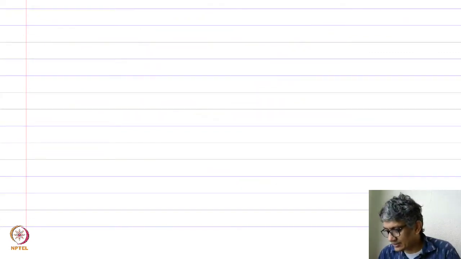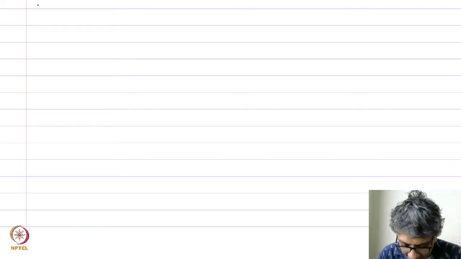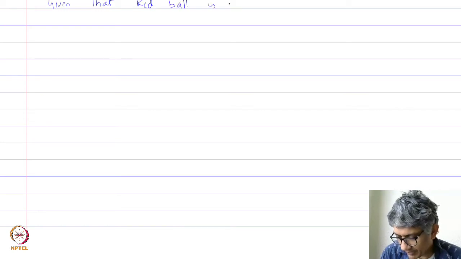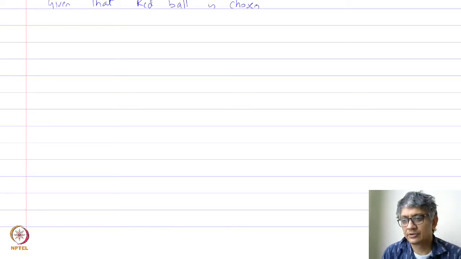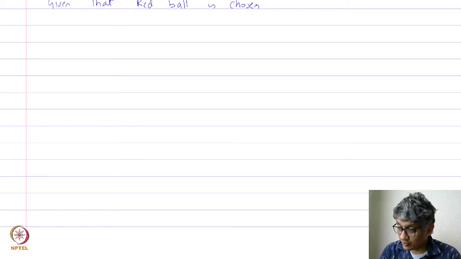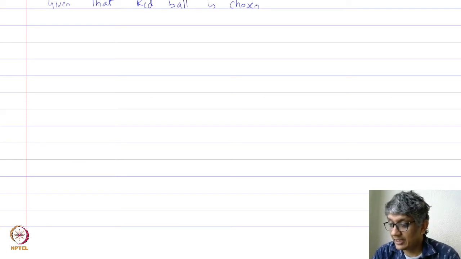Now the same example, suppose I twist it a little bit. Suppose I take my favorite event R. Let's say I want to understand, given that the red ball is chosen, can I find the probability that it came from the third box?